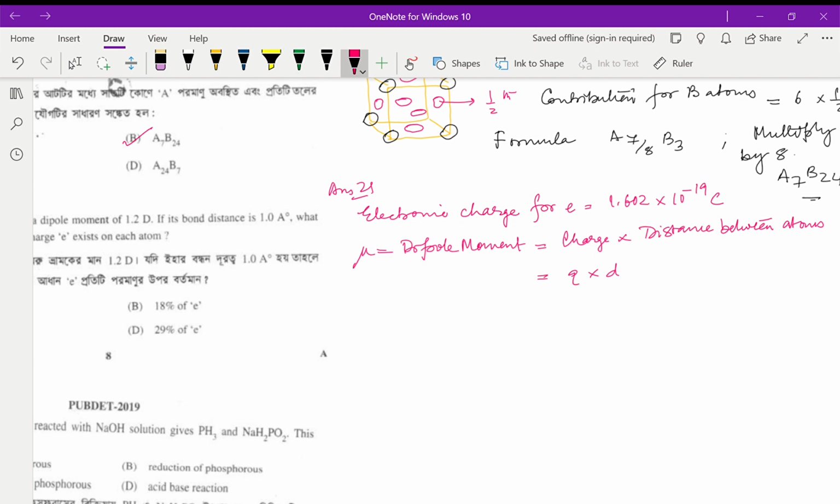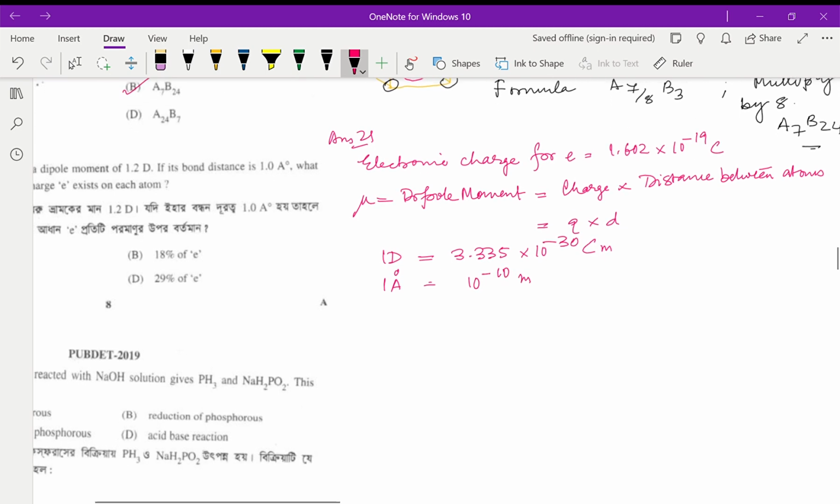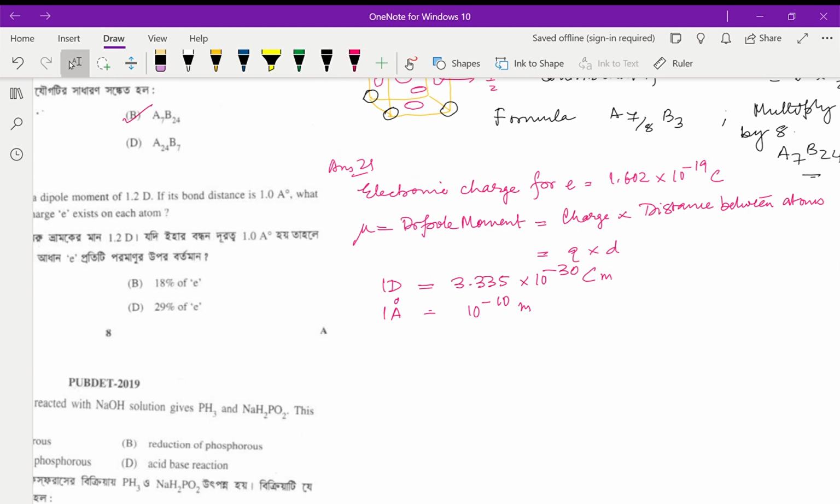We know 1 D is equal to 3.335 into 10 to the power minus 30 coulomb meter, and 1 angstrom is nothing but 10 to the power minus 10 meter.